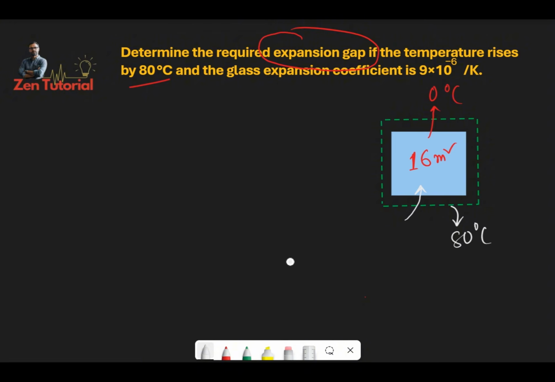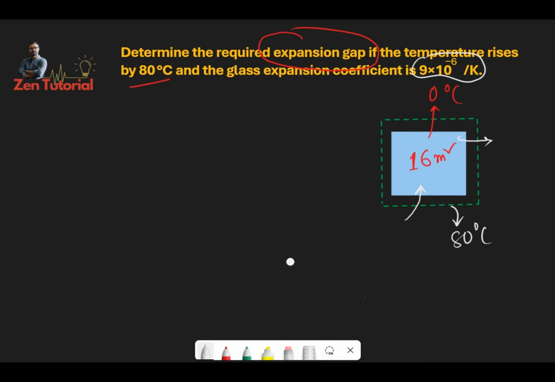And of course, the material of this sheet, let's say this is glass or whatsoever, doesn't matter. The value of the linear expansion coefficient is 9 into 10 to the power minus 6 per Kelvin. The previous one was actually glass.